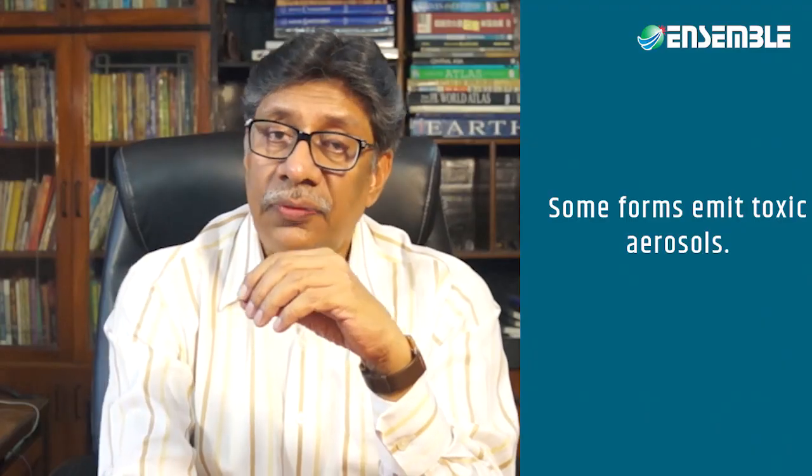We are talking about fish mortality, that means large en masse fish death. And when they are eaten by marine animals, that leads to its movement in the entire biological cycle. Second, some forms emit toxic aerosols as they decompose.